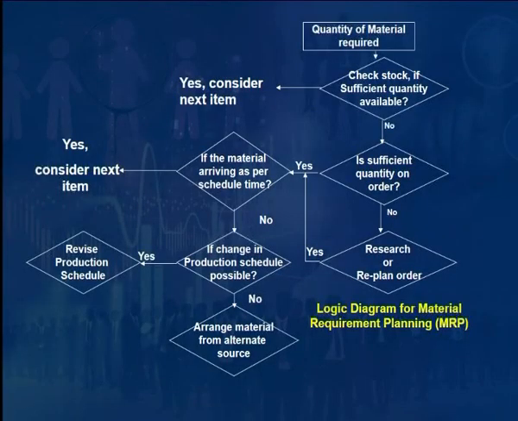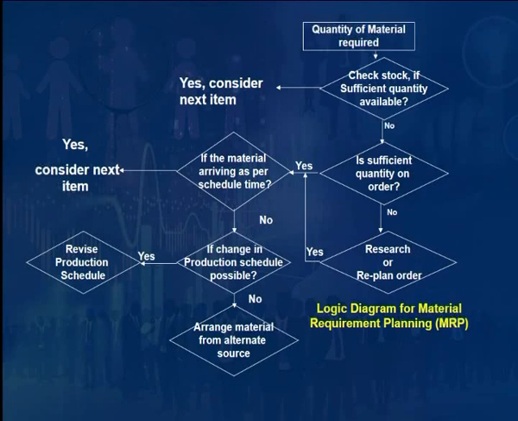The same thing I will try to show you through this block diagram, this flow diagram on the slide. At the top you are seeing that quantity of material is required. It's a flow diagram, like a software. You check whether the required quantity is there or not. Yes, then consider the next item.